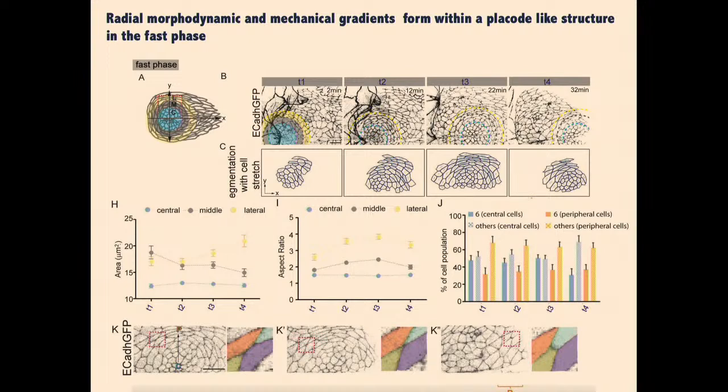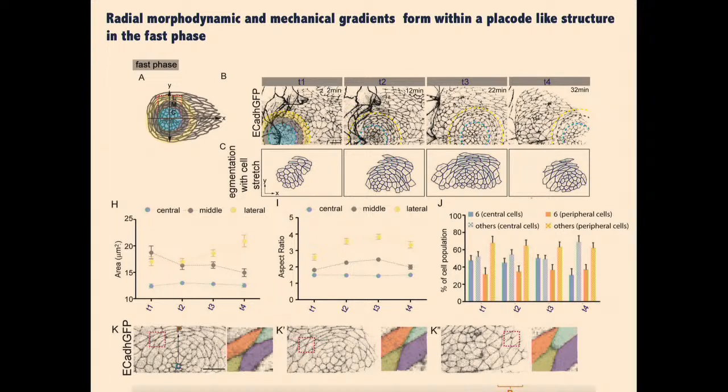And so what we saw was that the cells in the center are not only smaller in area, but they're also more isotropic. By that I mean their aspect ratios are close to 1. But as you go away from the center to where these yellow lines are, you see that their aspect ratios are larger, but also increase up to a point before they reduce a little bit.